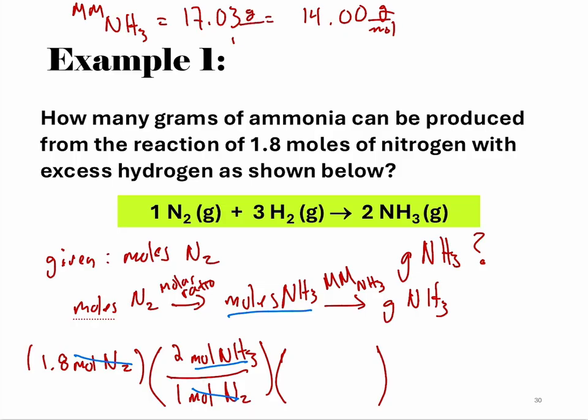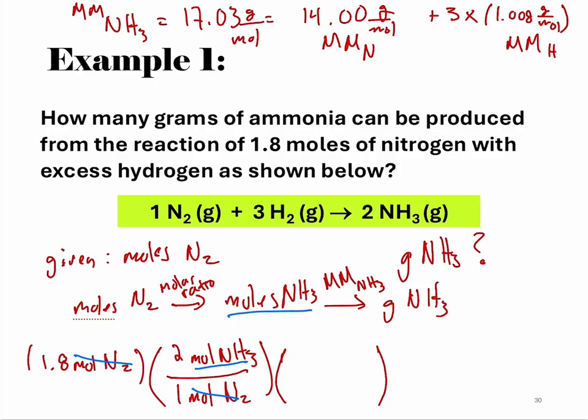And again, these are in units of grams per mole, plus 3 times 1.008 grams per mole for each hydrogen atom, right? This is the molar mass of hydrogen, and this is the molar mass of a single nitrogen atom. Again, to get the molar mass of any molecule, you add up the molar masses of all the elements that you see on the periodic table. So that gives us 17.03 grams per mole.